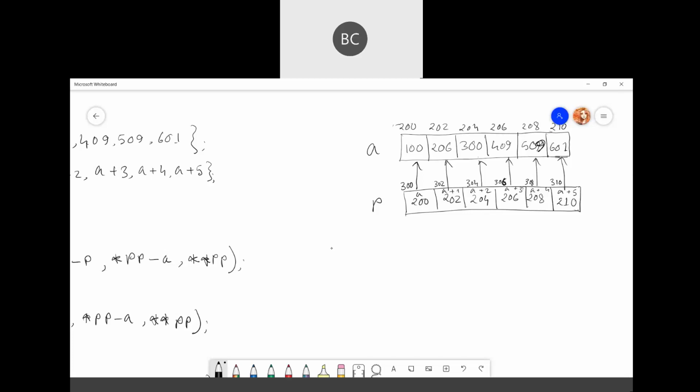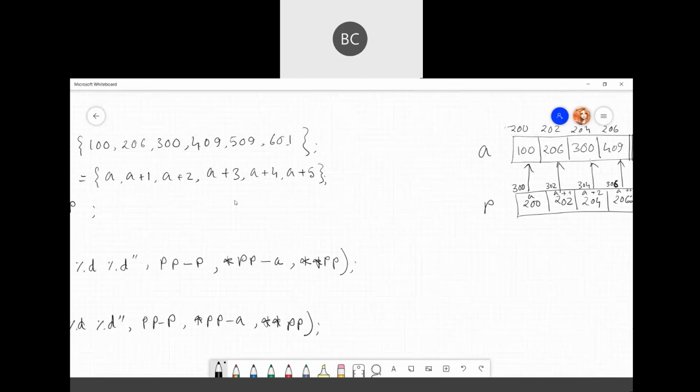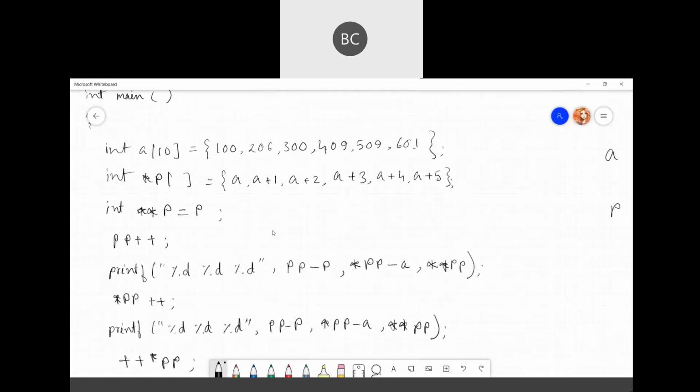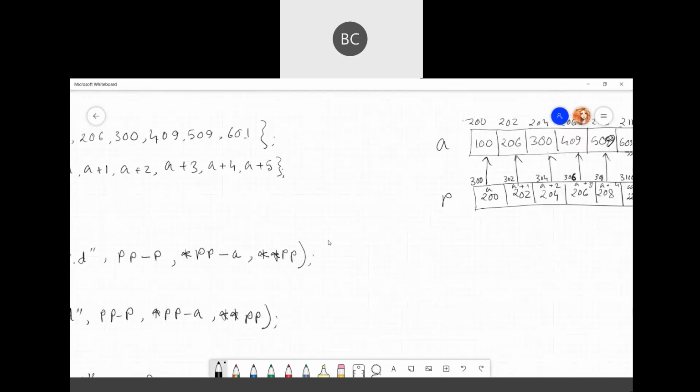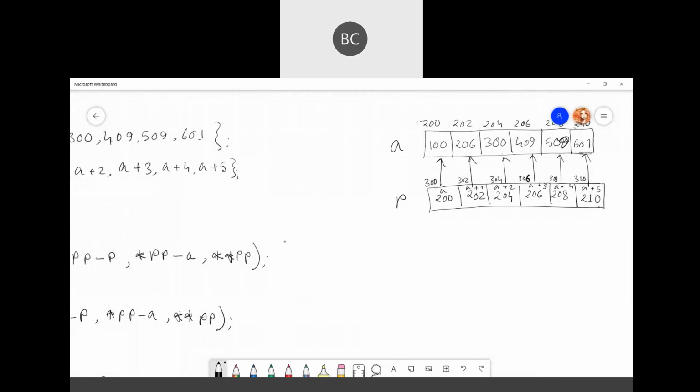Next we have the double pointer that will point to P. It is a simple normal pointer. PP is holding P. That means it will only store the address of the first variable.